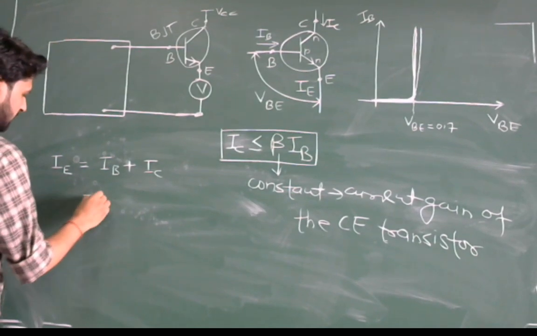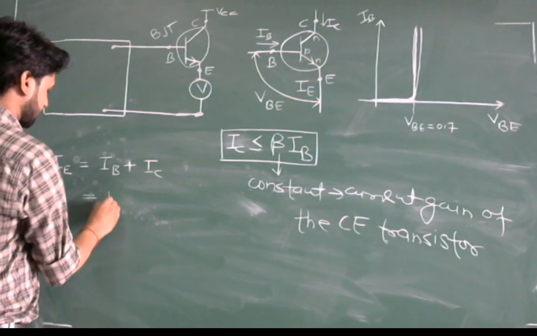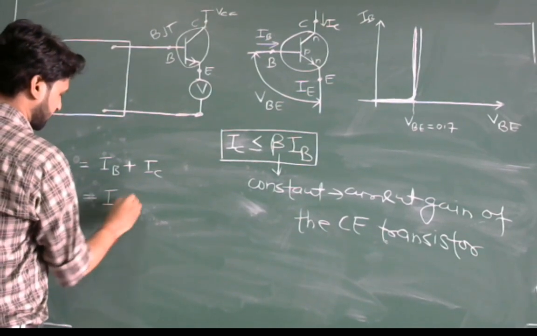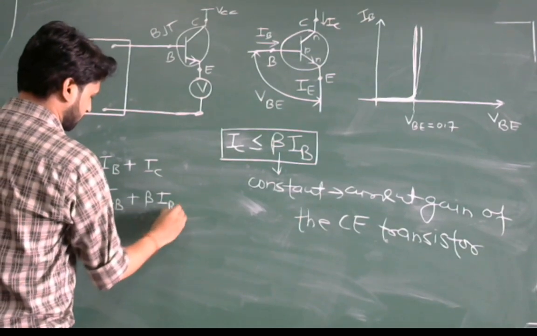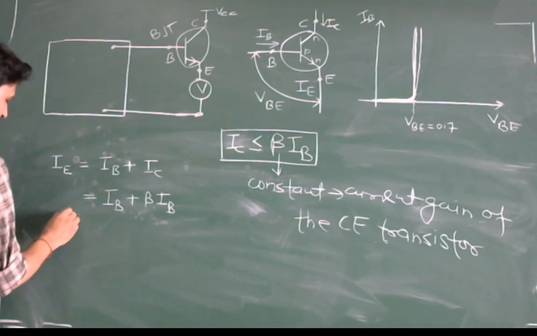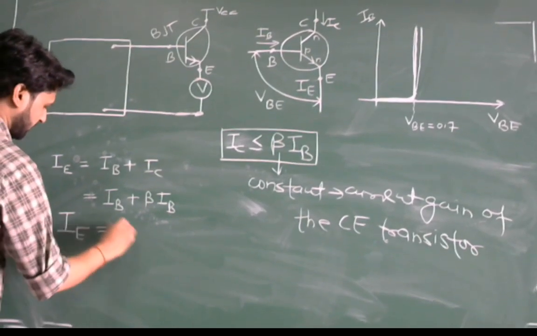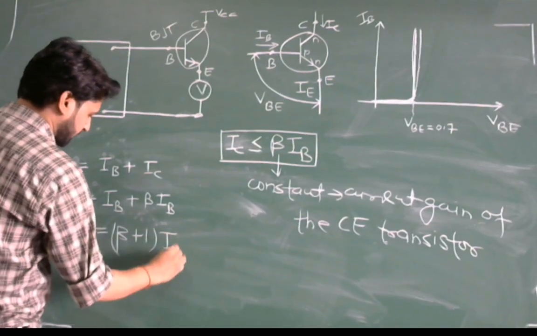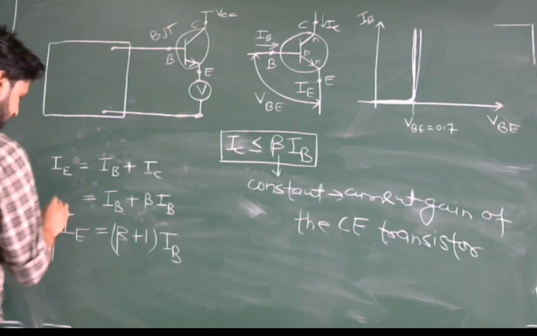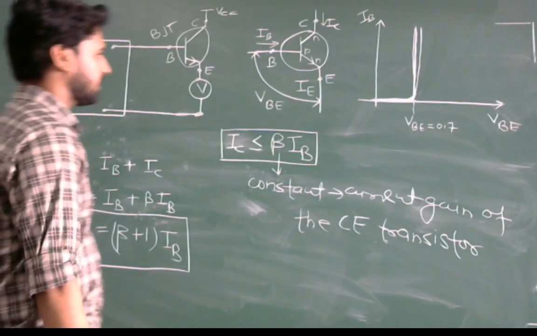The maximum value of IC is beta into IB. So we can draw an important relation from here: IE is equal to beta plus 1 into IB. This is another important relation in the BJT transistor.